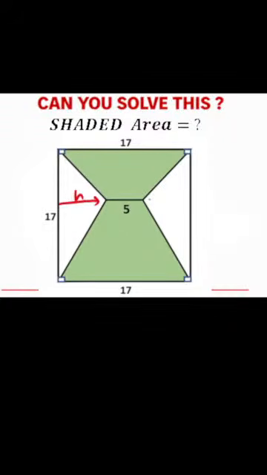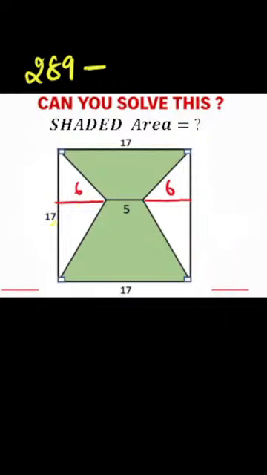But if you are not using it, let's say this is x, the height of this triangle, and the height of this triangle is also the same. Then 5 plus x is equal to 17, and you can solve for the value of x. It's going to be 6, right? So I can find the area of the square because it is 17 by 17, definitely a square. 17 square is going to be 289, minus the area of these two triangles.